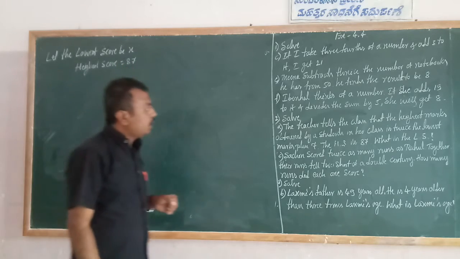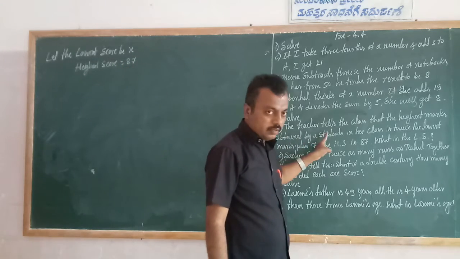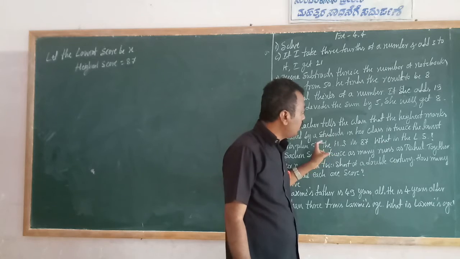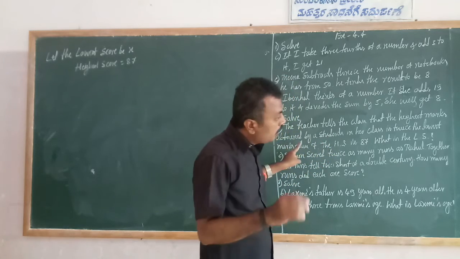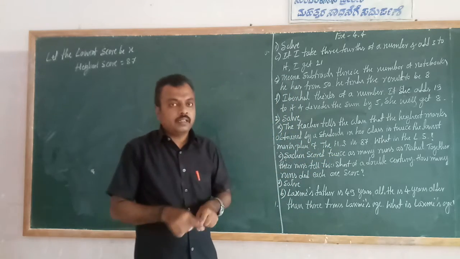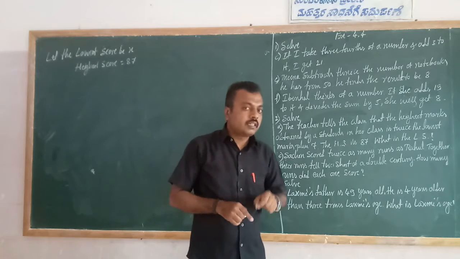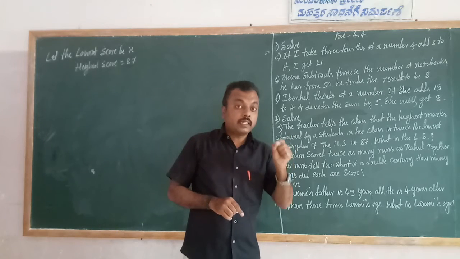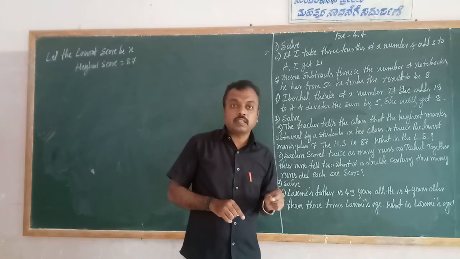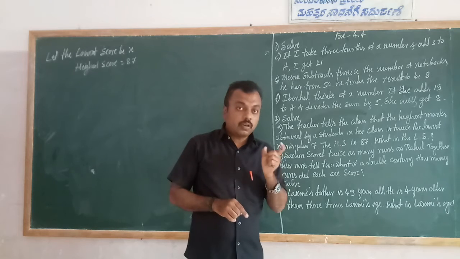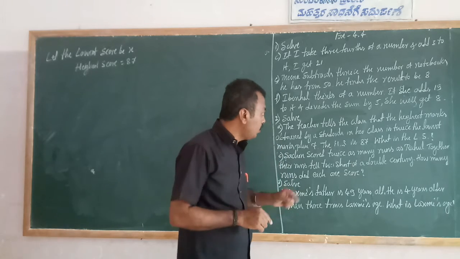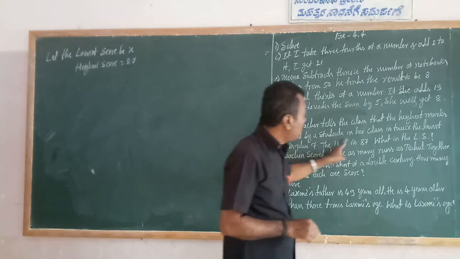So, in a class, the teacher tells the class, I don't know which class. In that class, she conducted one test. In that test, the highest score in that class is 87. So how is the lowest score related? See, very simple, students.